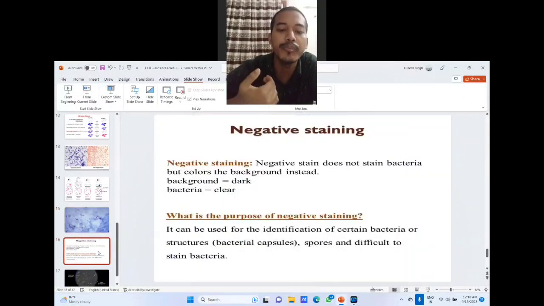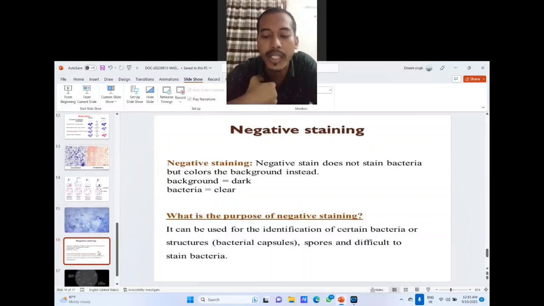The next stain is the negative stain. Negative stain does not stain the bacteria but colors the background instead. The background will be dark and the bacteria will be clear and hollow. What is the purpose of this stain?